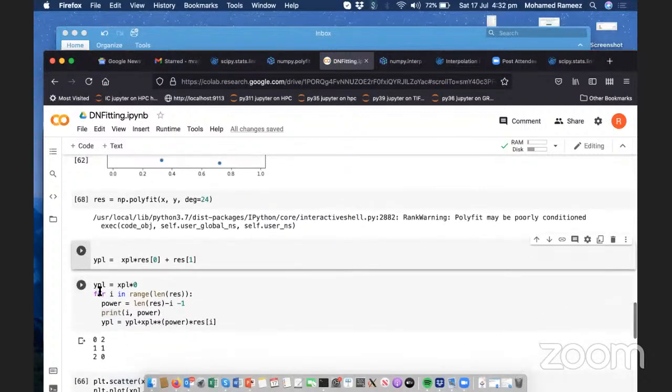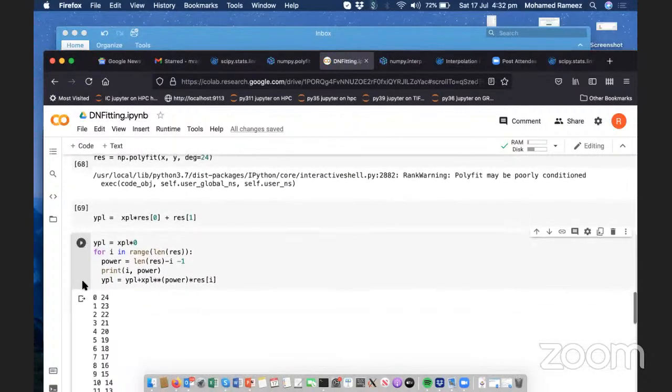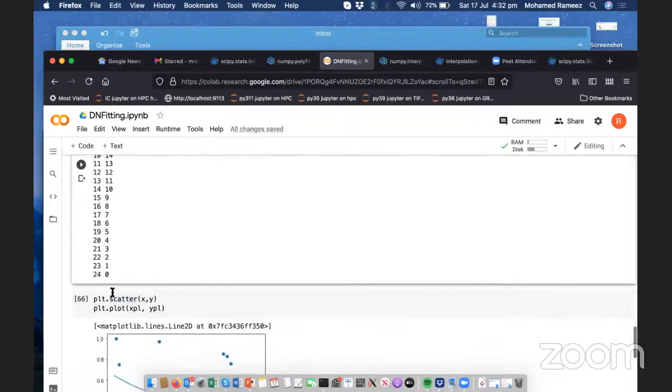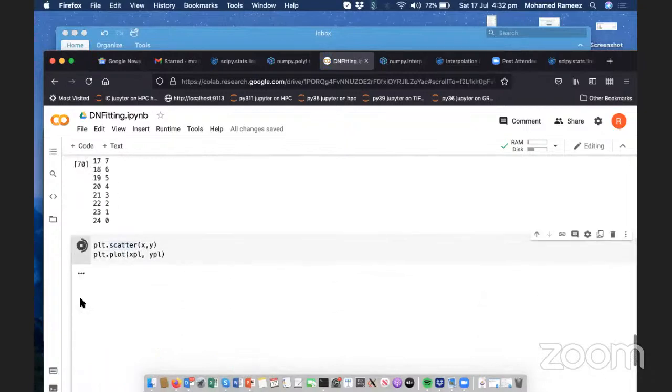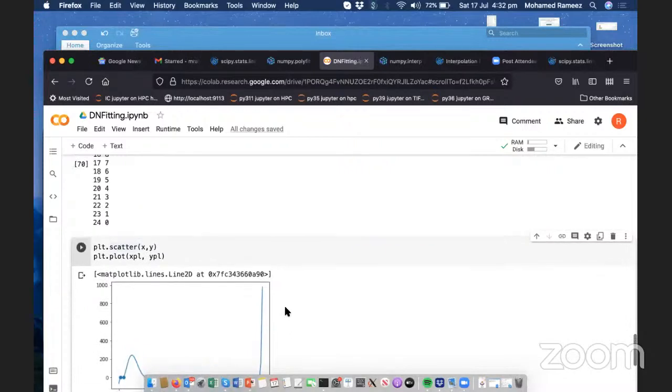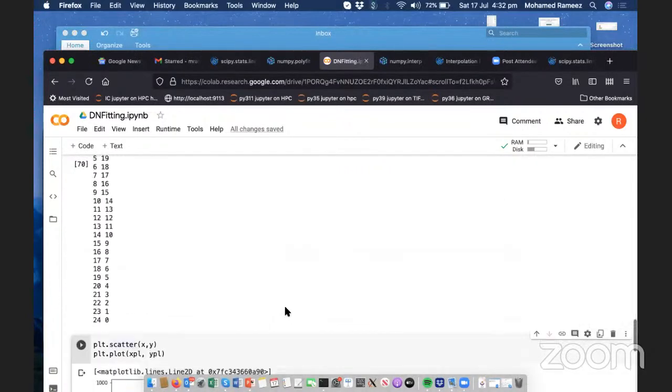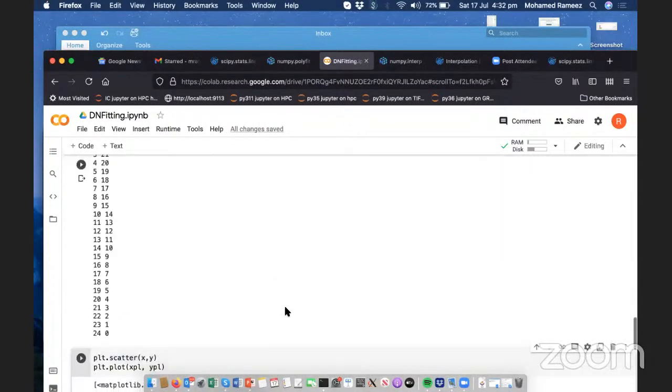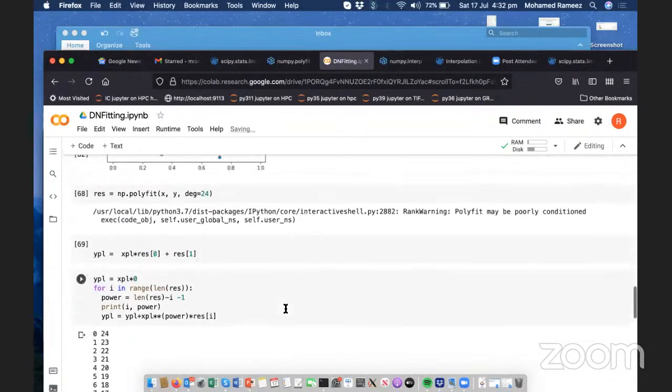And you see, the points go through. Let us now try fitting, for example, a 22-degree polynomial.